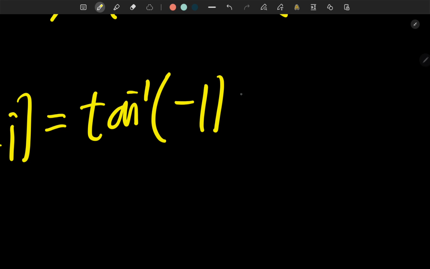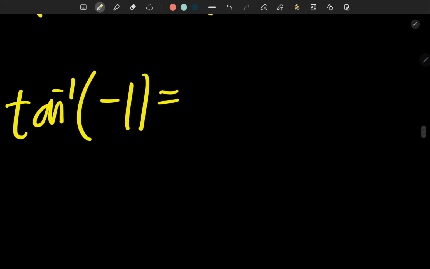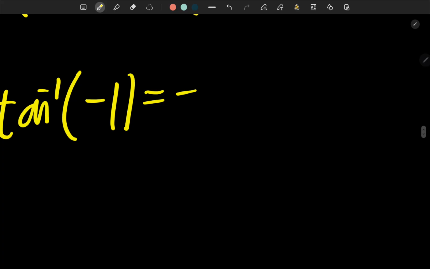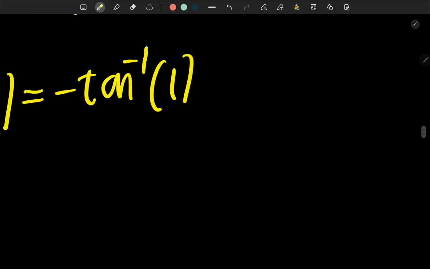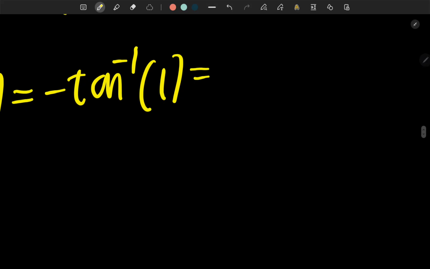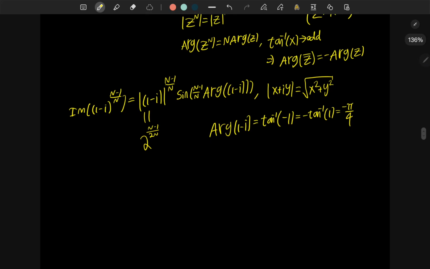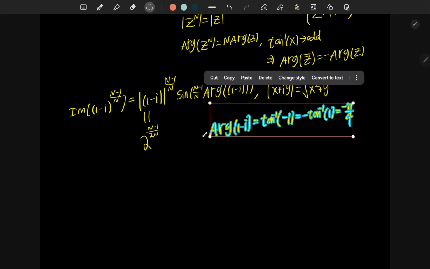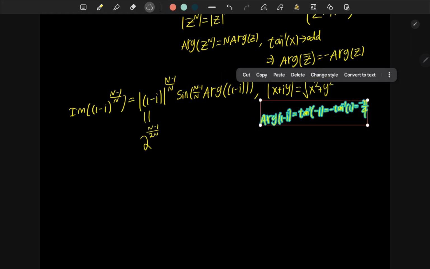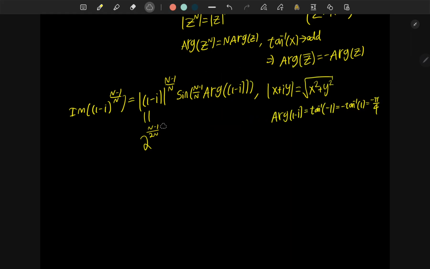Since the inverse tangent is an odd function, this is just equal to negative inverse tangent of 1, and the inverse tangent of 1 equals pi over 4, so therefore this would be negative pi over 4. Okay, cool. This is very, very nice. I will go ahead and shrink this and move it.